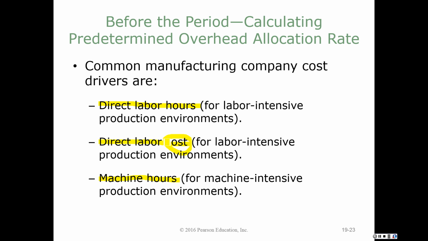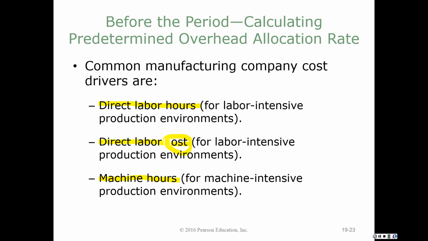Maybe I have a product that requires some very skilled technicians on those tablets, or some very highly skilled craftsmen to do a particular work. And so the cost of those hours is really more of what's driving production instead of just the direct labor hours themselves.